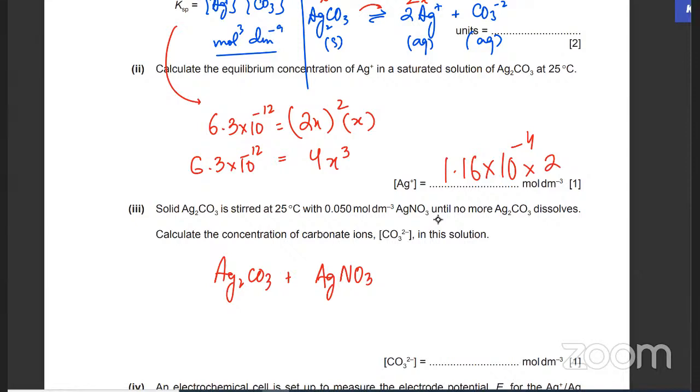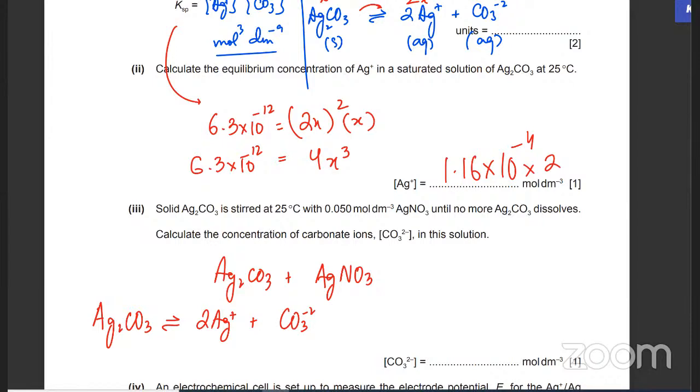So calculate the concentration. This question is about the common ion effect. So it's basically the same Ag2CO3. This was the equilibrium that you had, 2 silver ions and a carbonate ion, right?